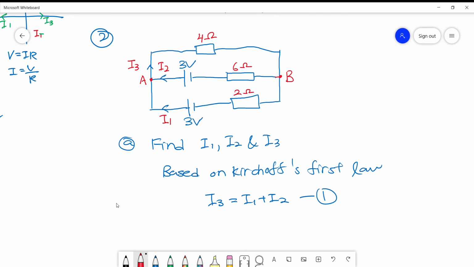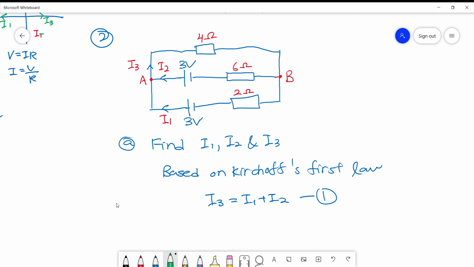Since I need two equations left, I need to find two loops, two complete circuits, or two closed loops.